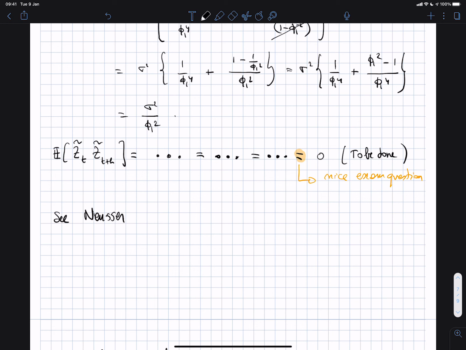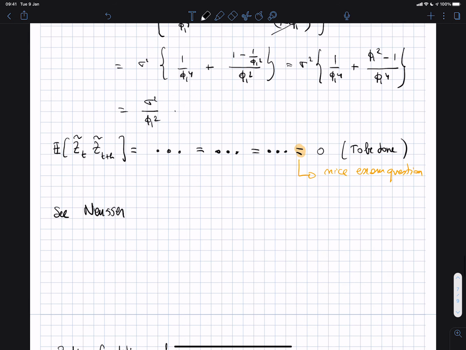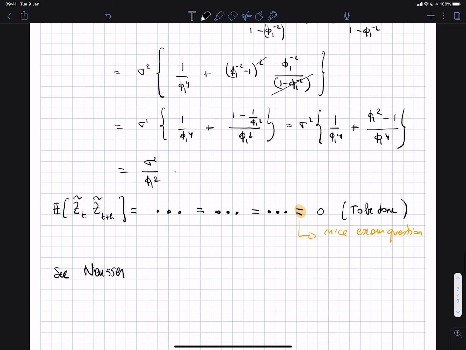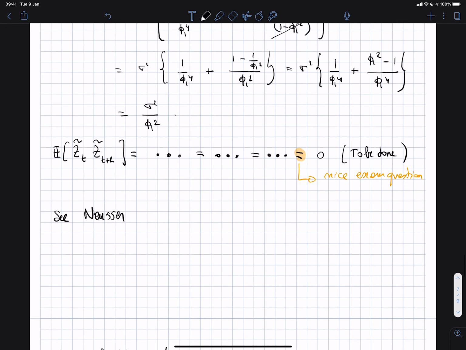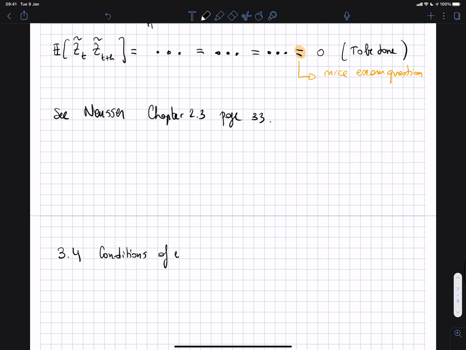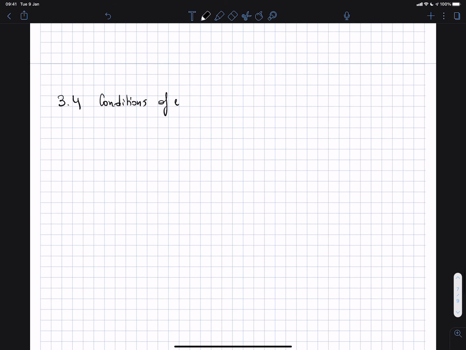You know where to find the books, don't you? I think they're on the UV. I forget now, but they're also available on Teams, so you know where to find those books. If you go and see the book by Neusser, chapter 2.3, page 33, that's where I found that example, which I found pretty cool.